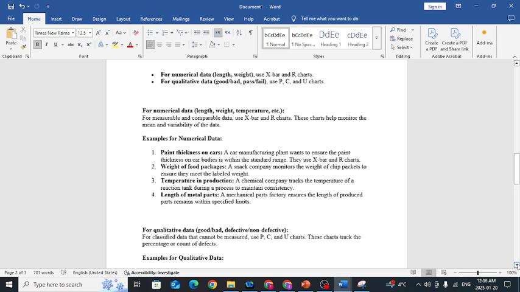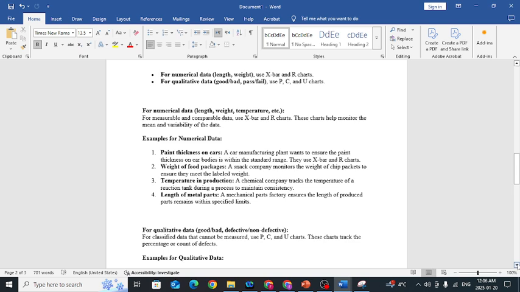The next example is the weight of food packages. A snack company monitors the weight of chip packages to ensure they meet the labeled weight. The X-bar and R chart should be used.